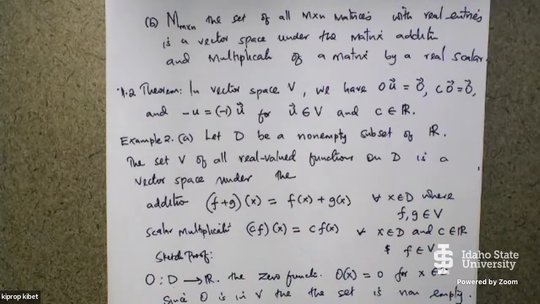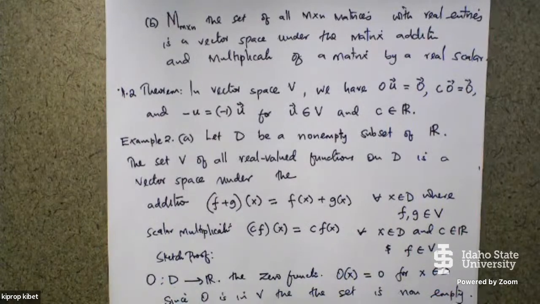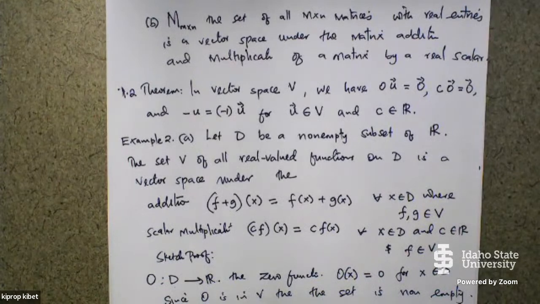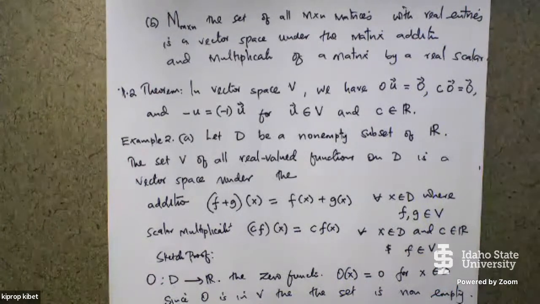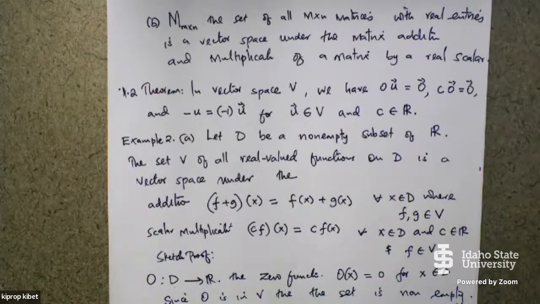Now, after doing this, you prove the 8 axioms. You prove all of them. You need to start from commutativity. You come to associativity.